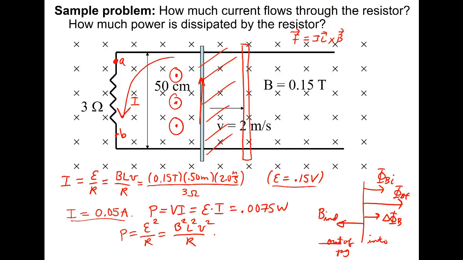So we're going to be using the field that's going into the page. So this just means that the current is going up and you have to point your palm so it's pointing into the page, and then that means that there's a magnetic force pointing to the left on this bar.